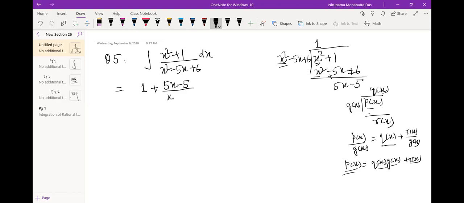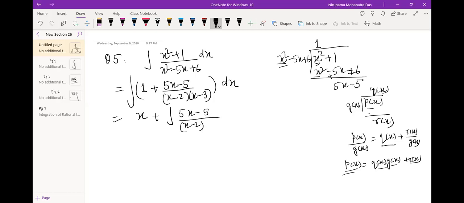It can be factorized as x minus 2 into x minus 3. Integral of this is integral of 1 dx, that is x, plus integral of 5x minus 5 by x minus 2 into x minus 3. This is a partial fraction of type 1.